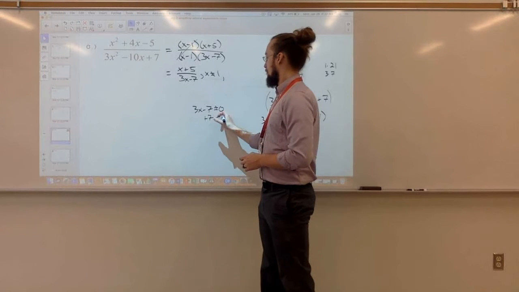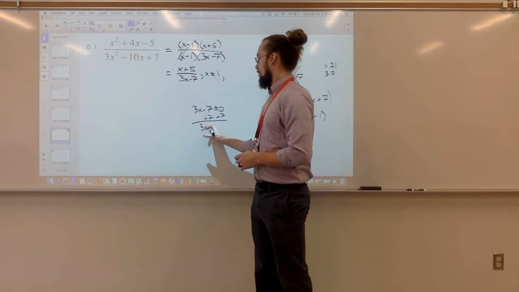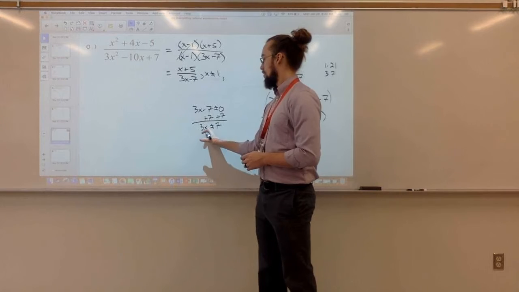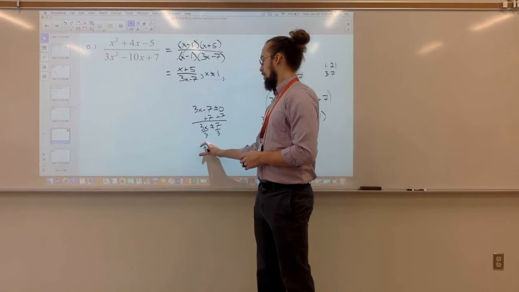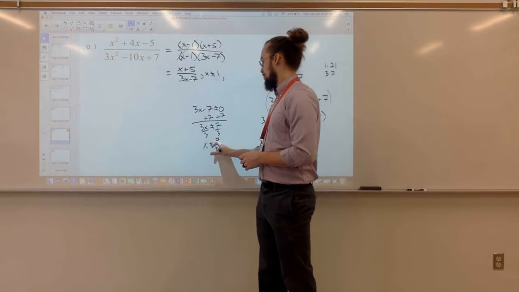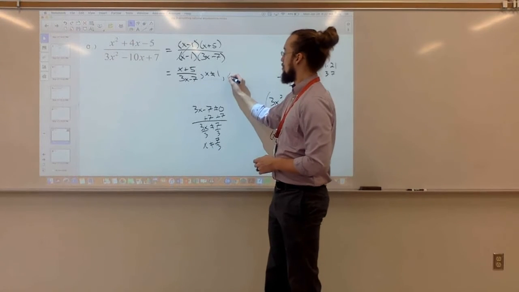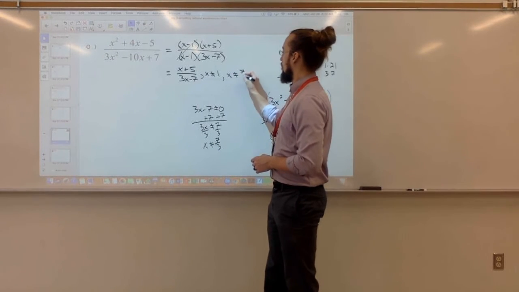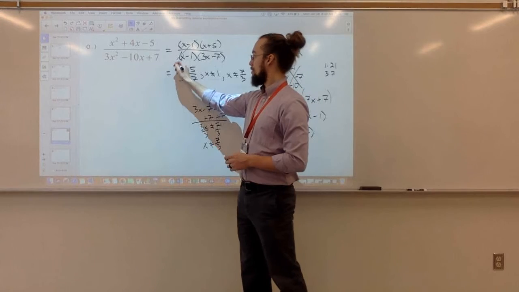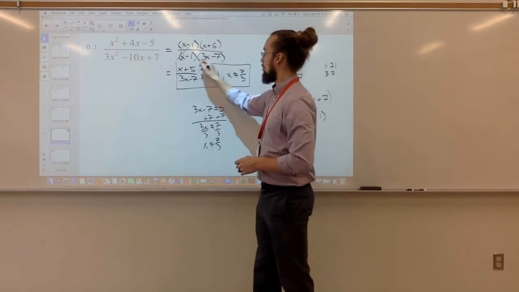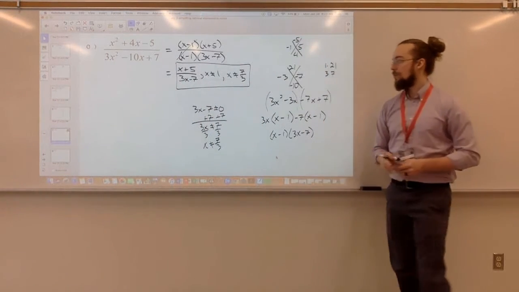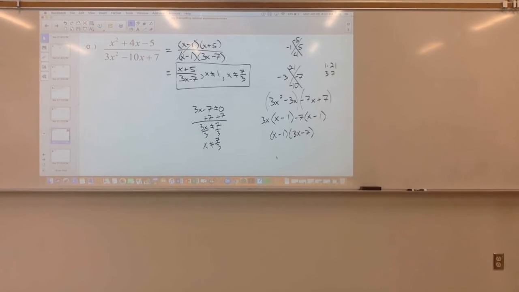Add the 7 over. 3x cannot equal 7. Divide by 3. We get x cannot equal 7 over 3. So that is my other restriction. So this is my answer: x plus 5 over 3x minus 7, where x cannot equal 1 and x cannot equal 7/3.